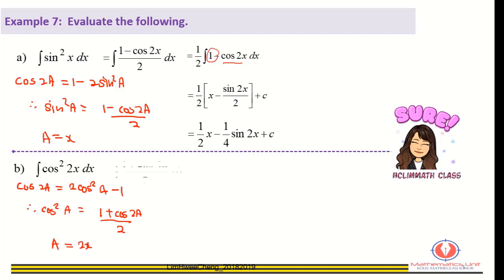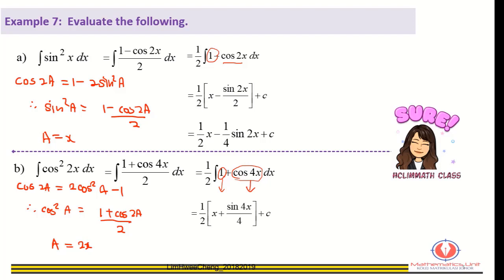I may rewrite the trigo function cos square 2x in terms of 1 plus cos 4x over 2. I try to expand first before I integrate. The integral of 1, I will get x, and the integral of cos 4x, I will get sin 4x over 4 as this.